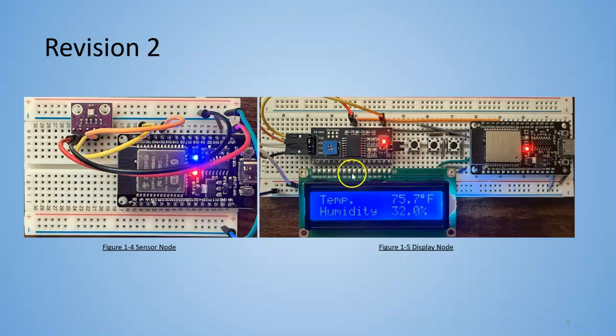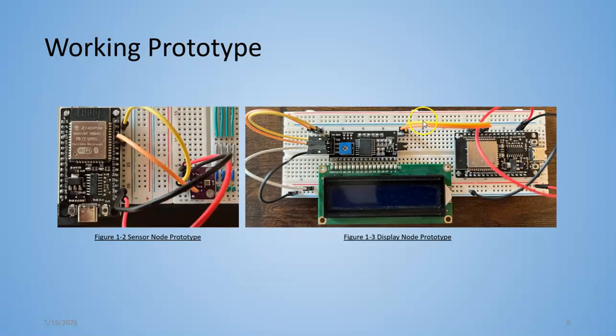I have since moved the LCD screen and backpack module down to the left to make room for these 3 push buttons here, as well as I've gotten rid of the wires for the voltage and ground, as well as these wires which would be connecting to the microcontroller. So here you can see the yellow and orange wires, as well as the red and black wires there.